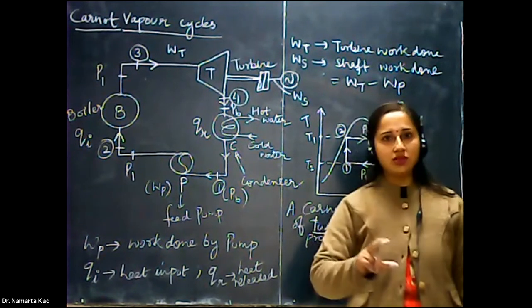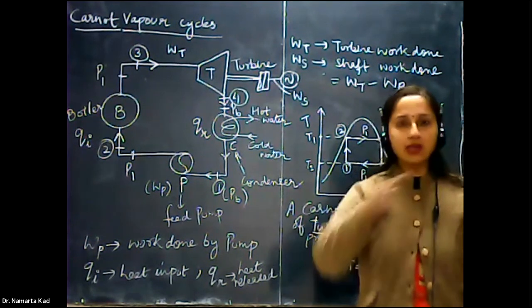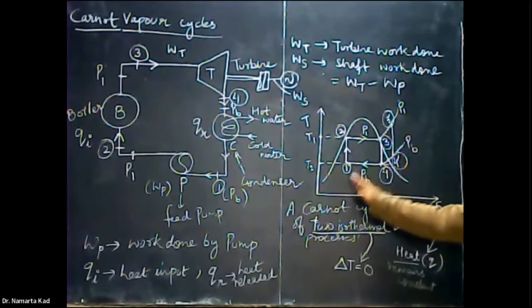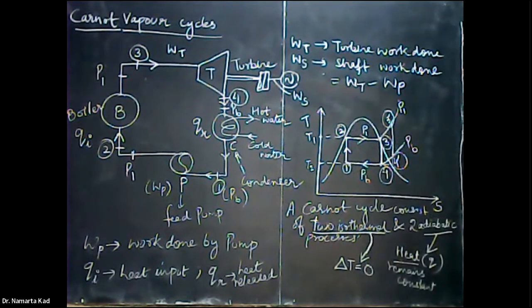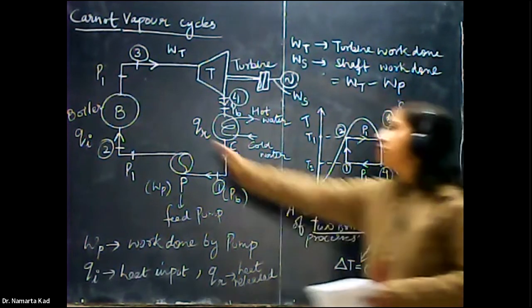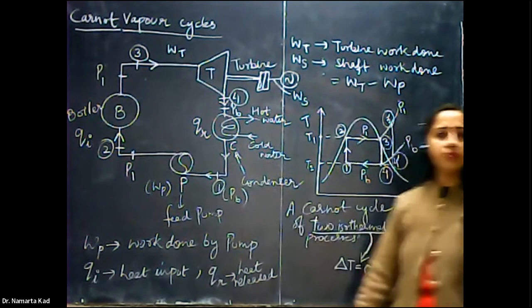During this process, the pressure is increased by compression and its temperature also increases. The pressure is increased up to the boiler pressure P1 such that it becomes a saturated liquid. So in process 1-2, wet vapors are converted into saturated liquid by increasing the pressure.